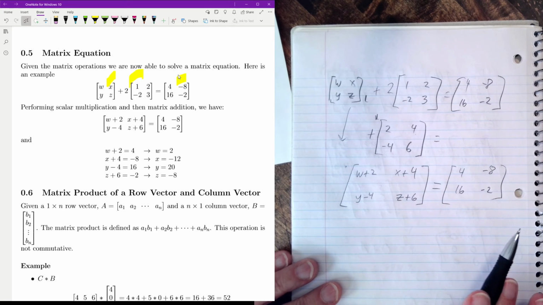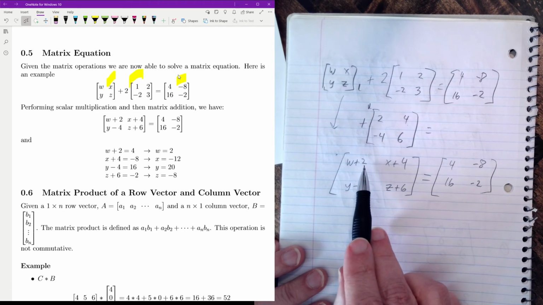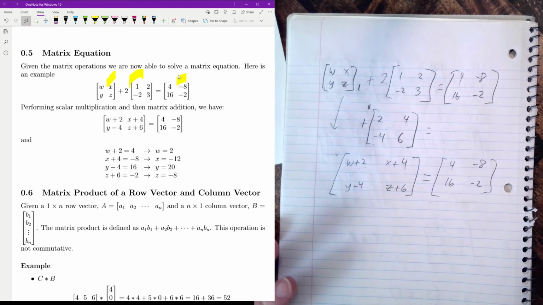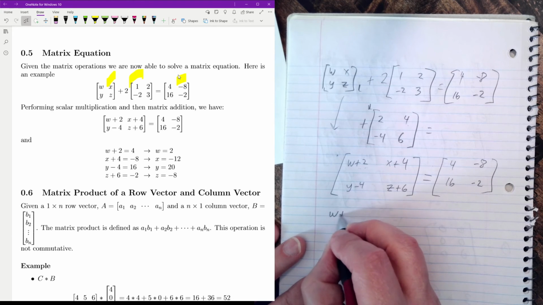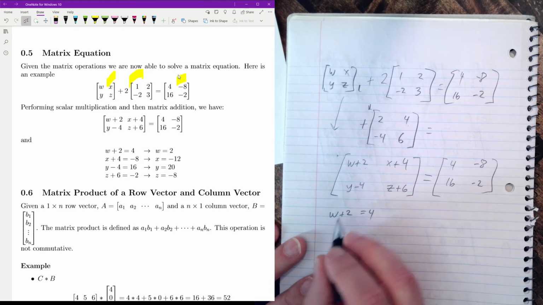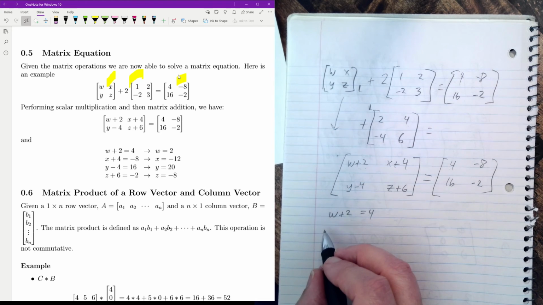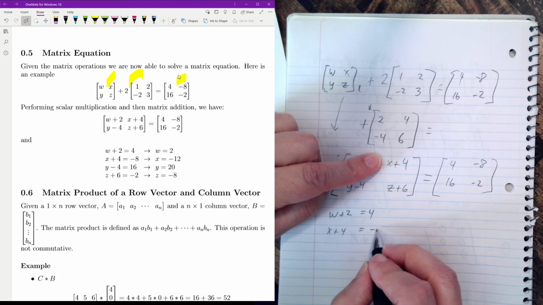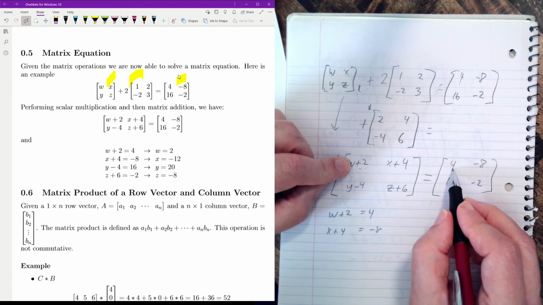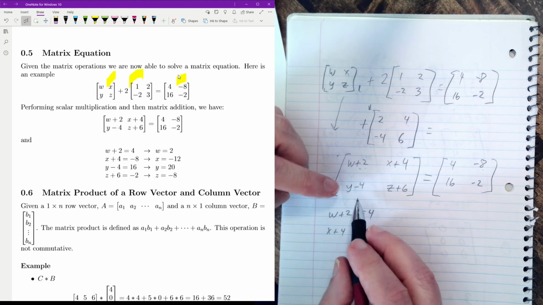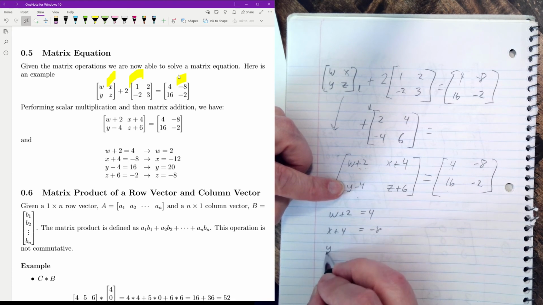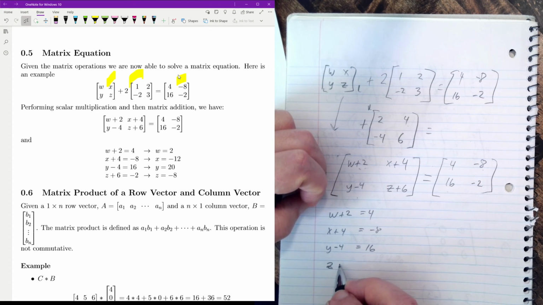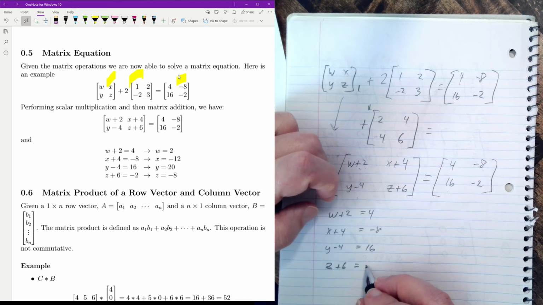And we're saying, well, how can they equal each other? They will equal each other if each term is equal to each other. By saying that, what we're saying is that W plus 2 is equal to 4, excuse me, X plus 4 is equal to minus 8. Remember, element-wise, this goes to this, one goes to this one. So Y minus 4 equals 16, and Z plus 6 is equal to minus 2.